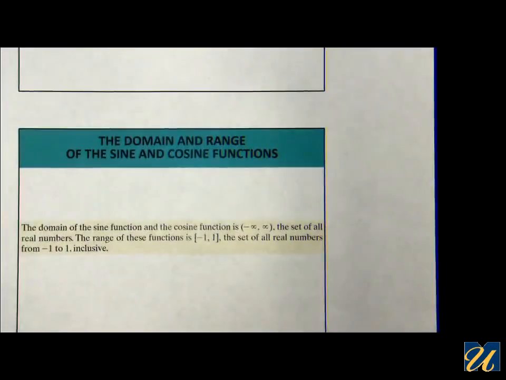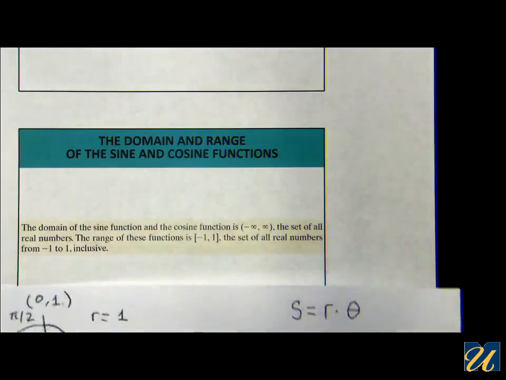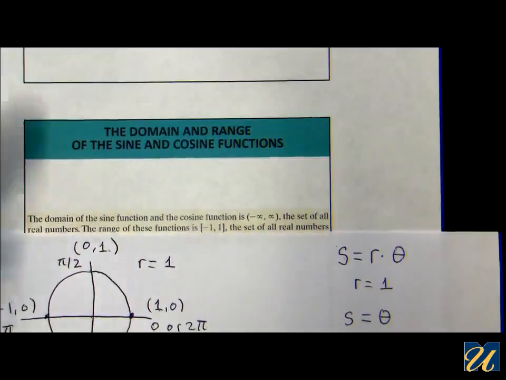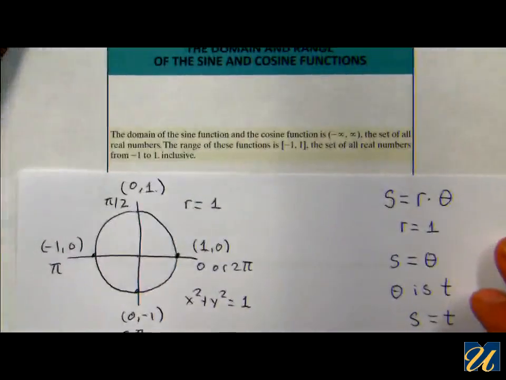The domain and the range of the sine and the cosine function. Okay, so the domain are the inputs and the range are the outputs. So if we're looking at, say, the sine, it tracks the y-coordinate. So let's put the unit circle here in view.